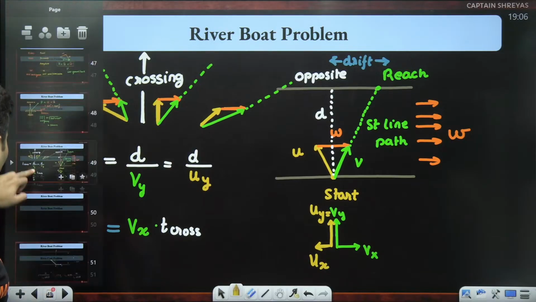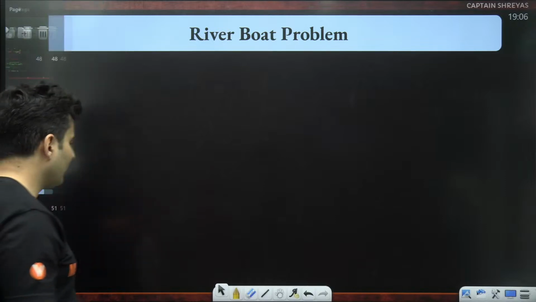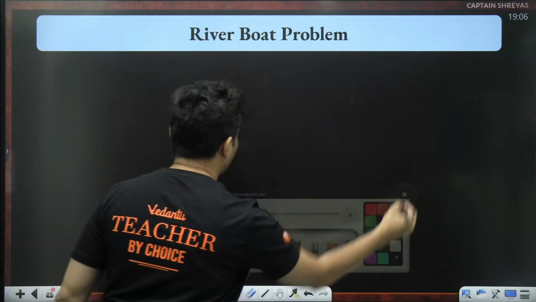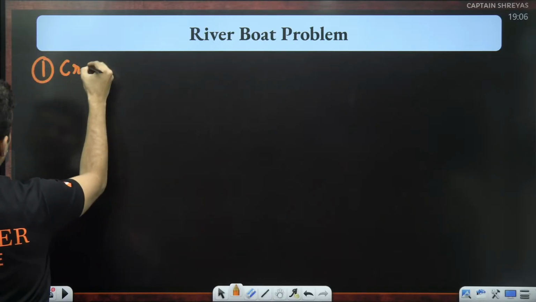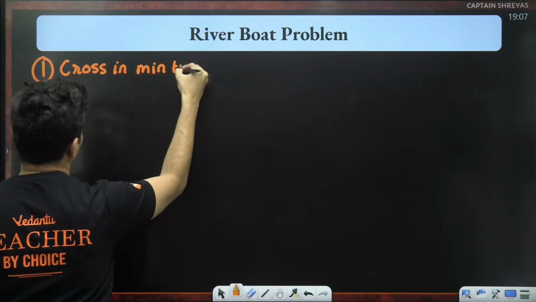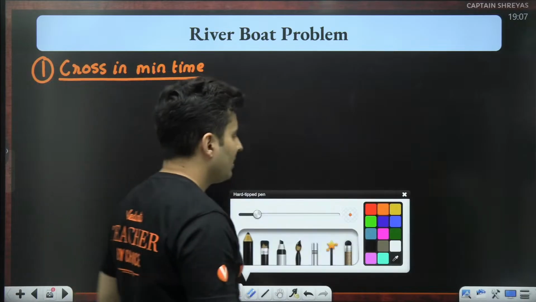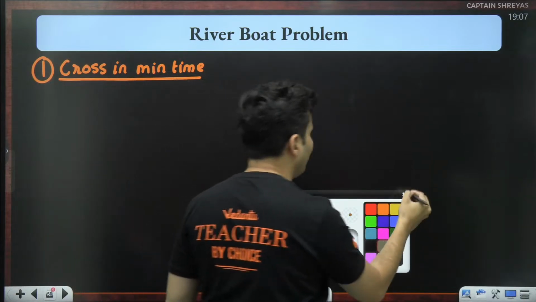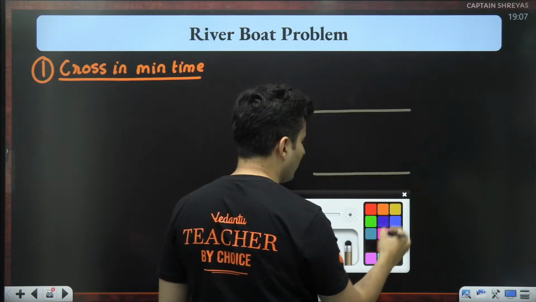Now there are three specific categories in this. The first category is to cross in the shortest time, cross in minimum time. When you want to cross in the minimum time, think about it, you will use your maximum velocity to cross the river.